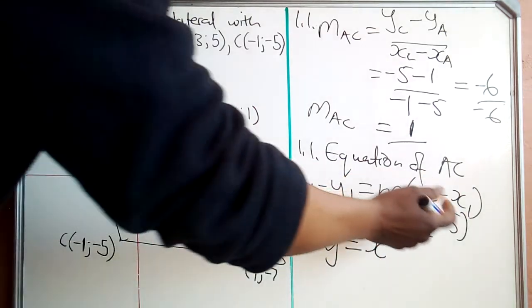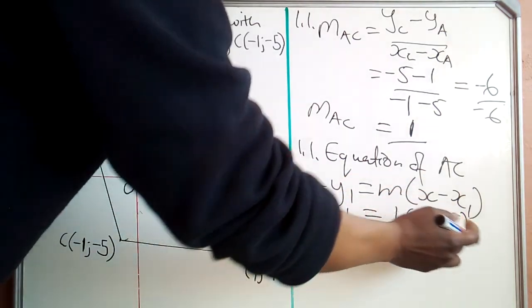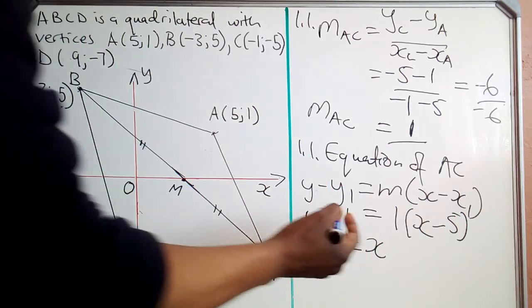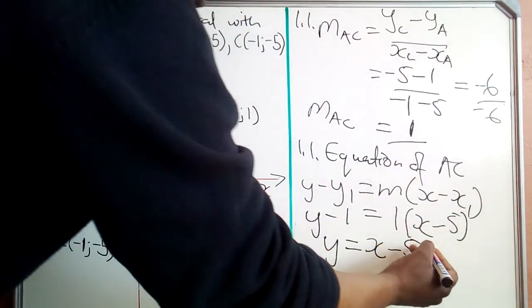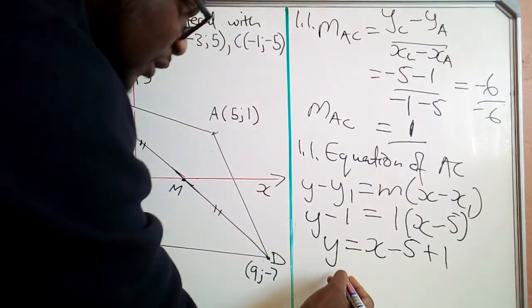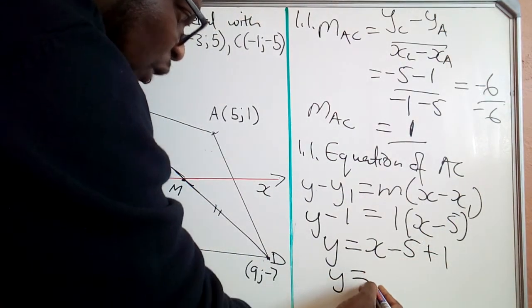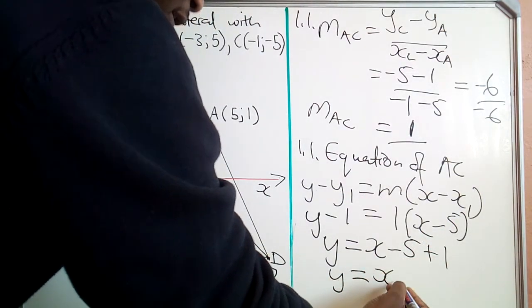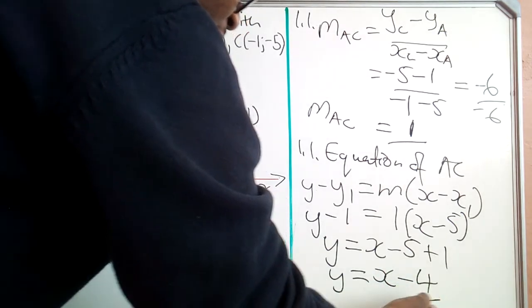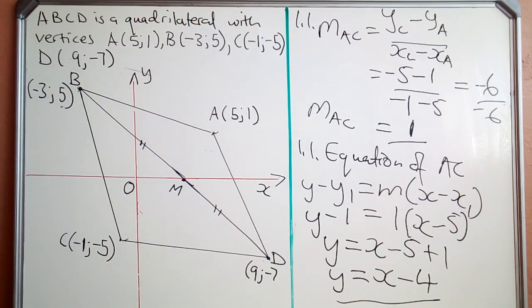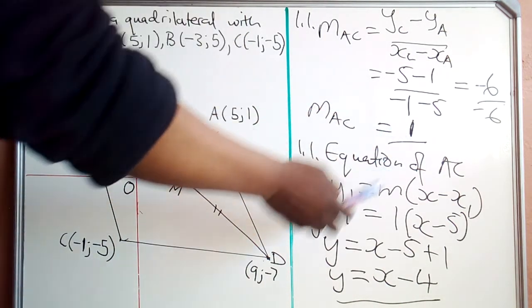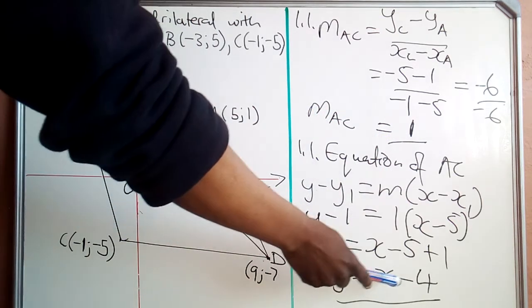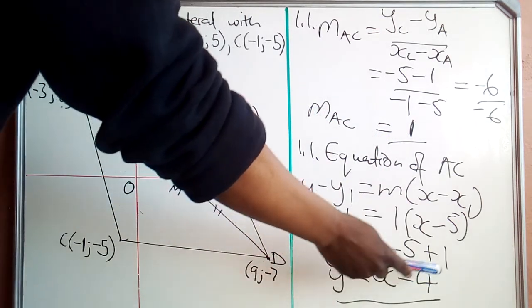Then 1 times -5 is -5, and the 1 coming that side, plus 1. So y is equal to x minus 4. So the equation of the line that joins points A and C, having a gradient of 1, will be y is equal to x minus 4.